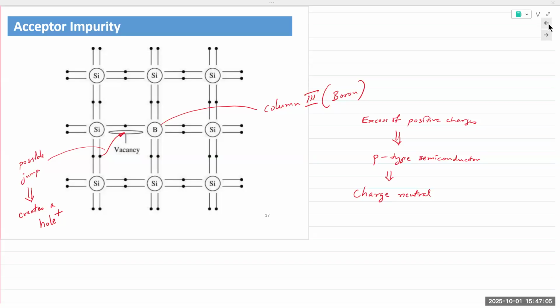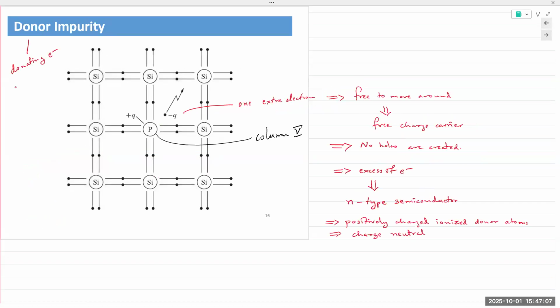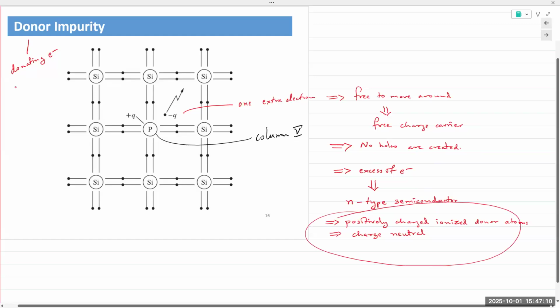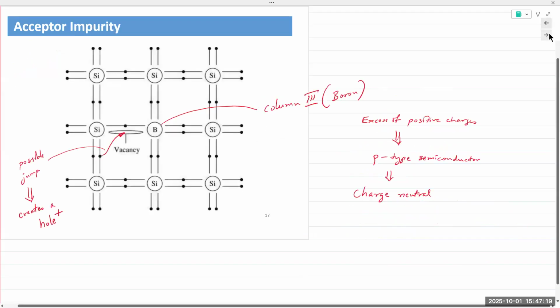The donor impurities were positively charged, right? Because they are donating their electron, they lost the negative charge, they had the positive charge inside their nucleus, sorry.